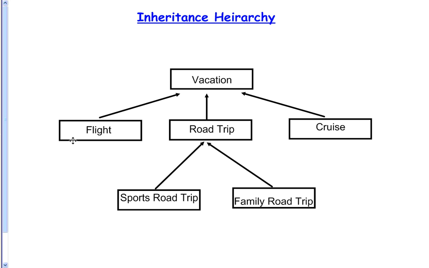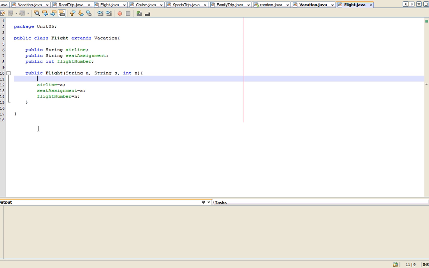Because what I need to do is I need flight to basically call its superclass. It says flight, go grab all the stuff from the superclass. The thing that you're borrowing from. And so the way I do that is inside the object, or inside this constructor method, I need to add the word super, and it's kind of like it's a method.